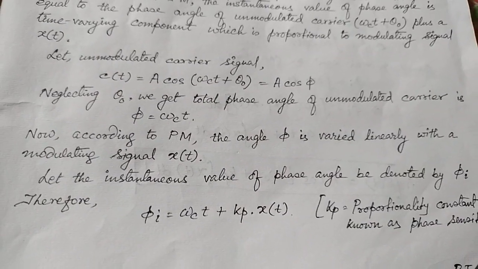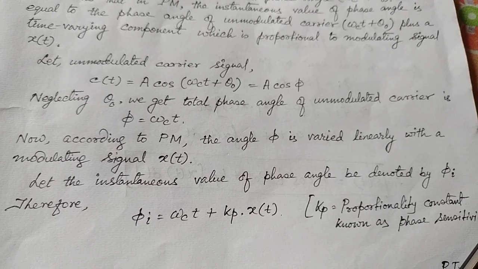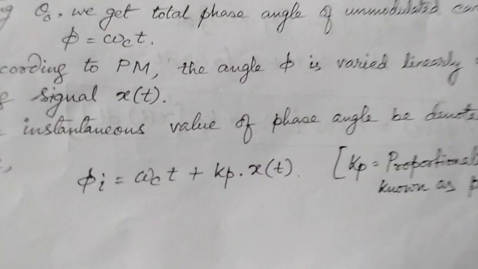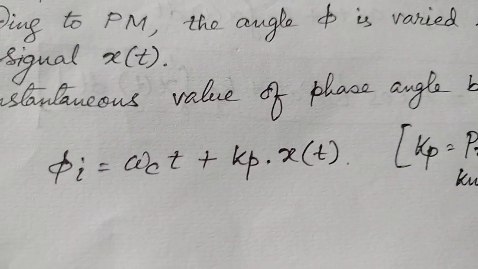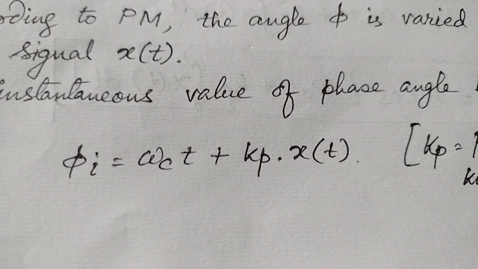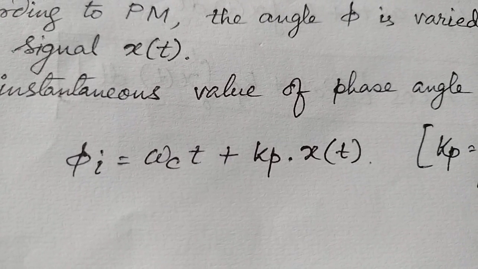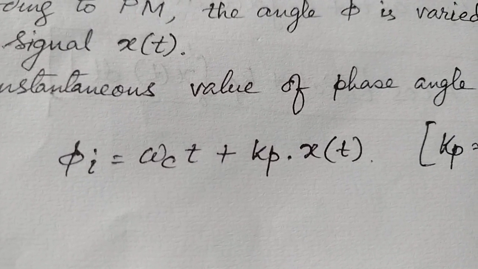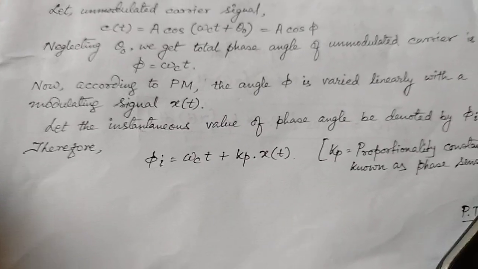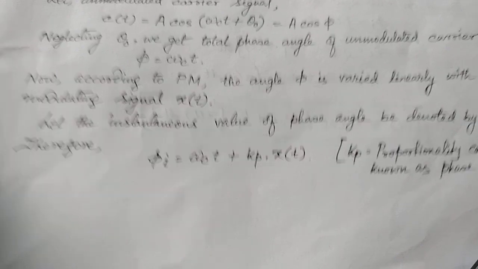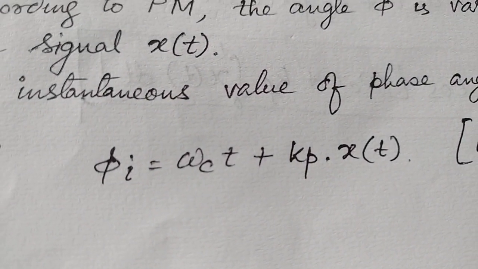According to phase modulation, the angle phi is varied linearly with the message signal x(t). So this is my instantaneous value of the phase angle, which I can write as phi_i equals omega_c t plus k_p x(t), where omega_c is the carrier frequency and k_p is the proportionality constant, which is known as the phase sensitivity, and x(t) is obviously the message signal.